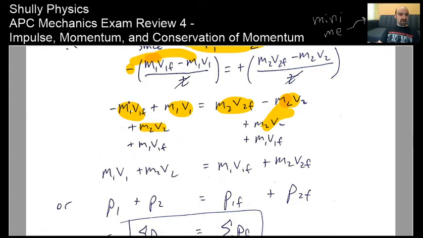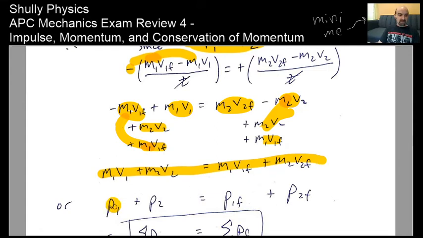Then I'm going to cancel out this final condition over here by adding m1 v1 on this side, so we have to do the same to both sides. These two will cancel over here, leaving m1 v1 plus m2 v2 equals m1 v1 final plus m2 v2 final. And what is that? That is the law of conservation of momentum right there.